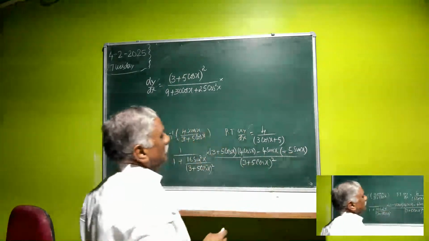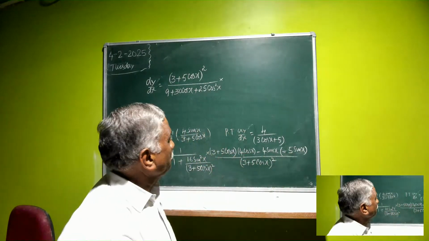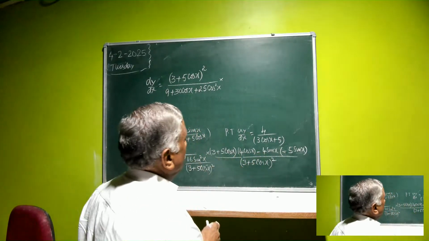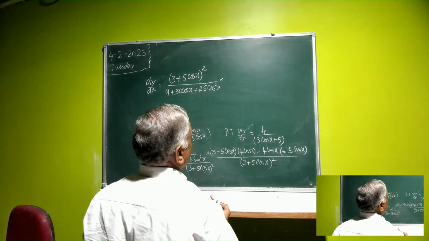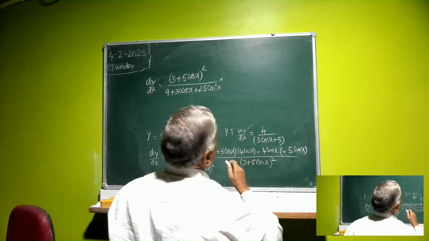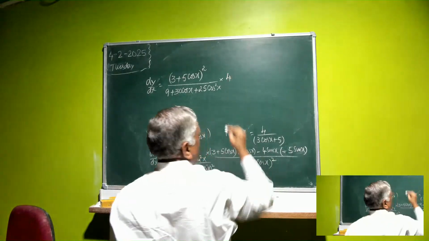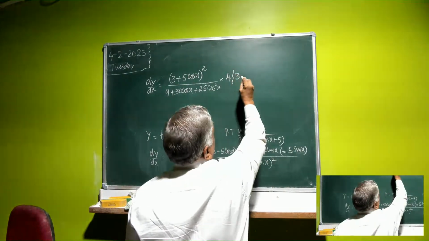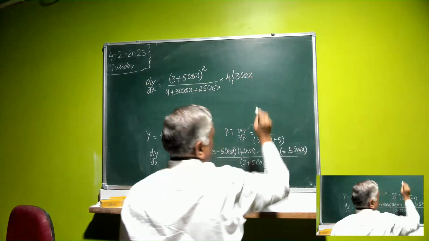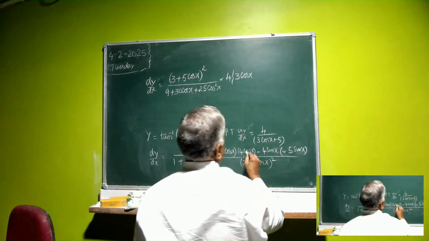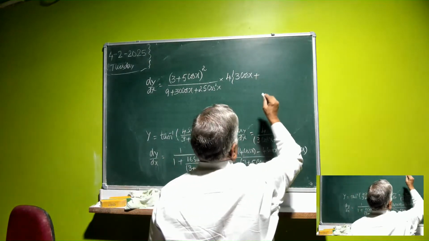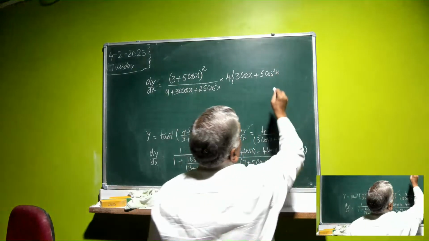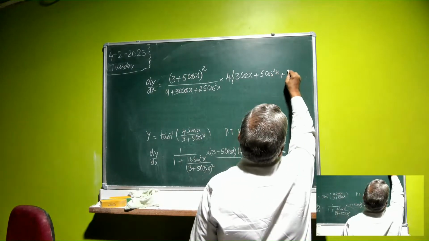Now, you cannot take anything common, you have to multiply. But if you want, you can take 4 common, 4 is here also, 4 is here also. So if you take 4 common, what do you get? 3 cos x plus 5 cos square x plus 5 sin square x.